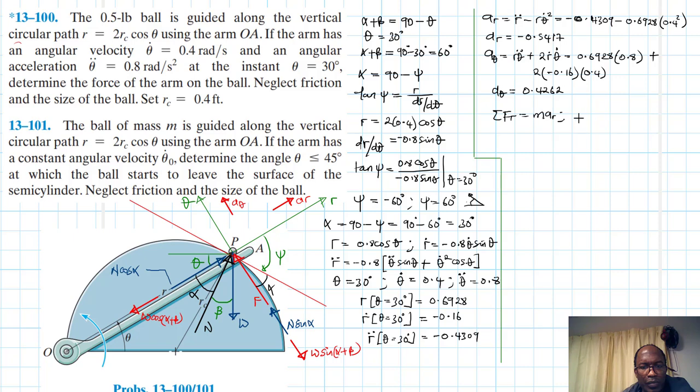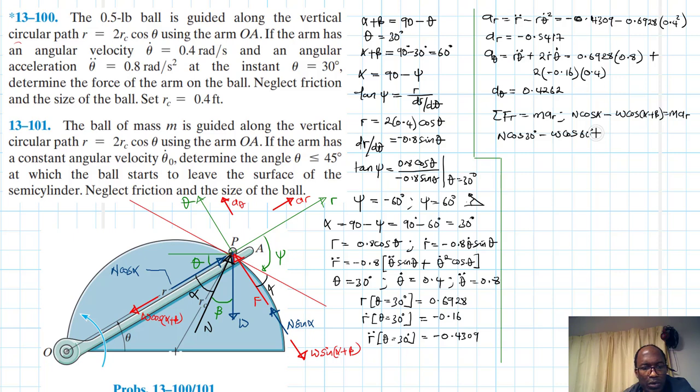Therefore, we have N cos alpha minus W cos alpha plus beta equal to m a r, where alpha is equal to 30 degrees, and alpha plus beta is 60 degrees.